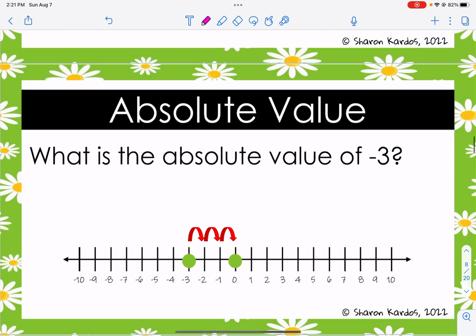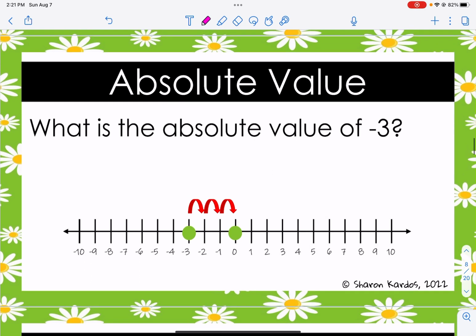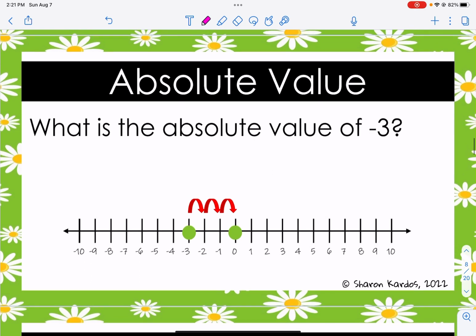Well, what about if it's negative 3, Miss Kardos? What's the absolute value of negative 3? Same thing. The two important numbers that I'm talking about are going to be the negative 3, and when it asks me what is the absolute value of a number, it's asking me how far is that number from 0, or how many hops do I have to take to get to 0. So that's the other important number.